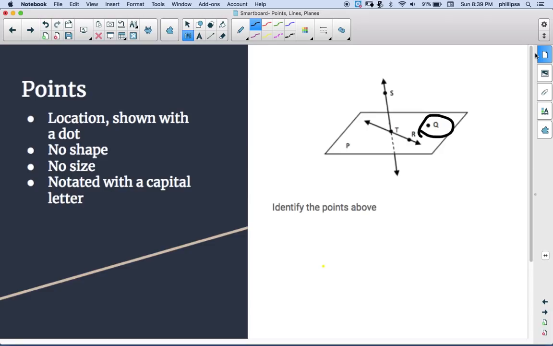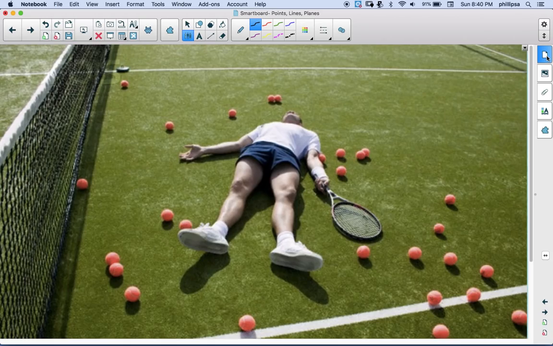Perhaps it's worth mentioning why it's important to label your points. If I said to you, look at the diagram and locate point Q, you would clearly locate where I have circled. But if I gave you a picture like this, with a bunch of tennis balls surrounded on a tennis court, and I wanted to pick an exact tennis ball for you to locate, it would be kind of tricky because I don't have any labeling.